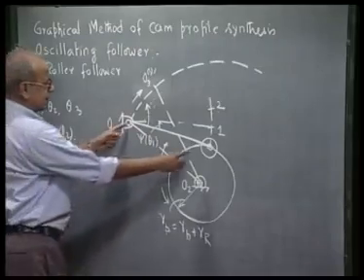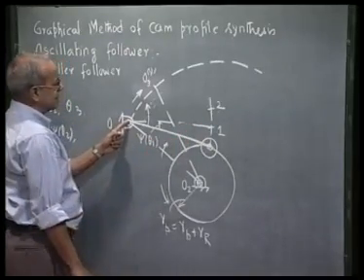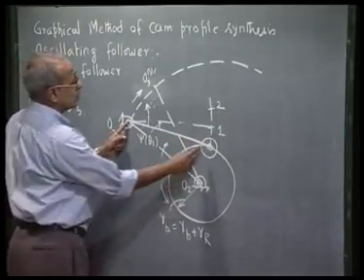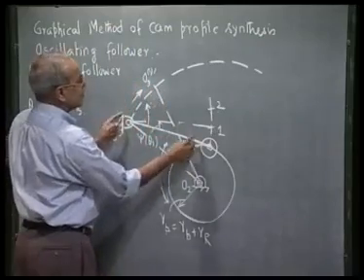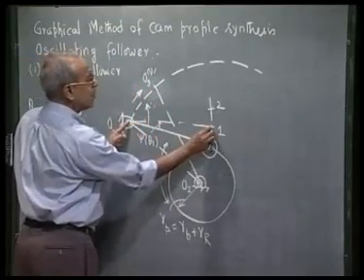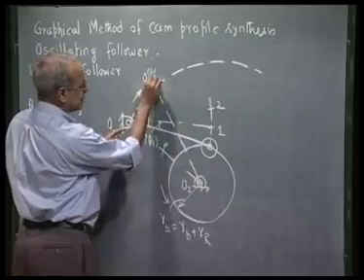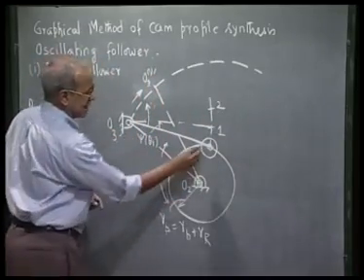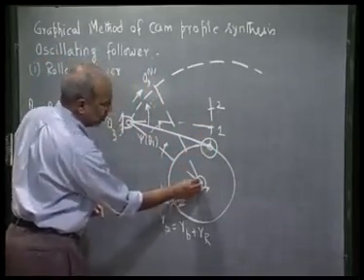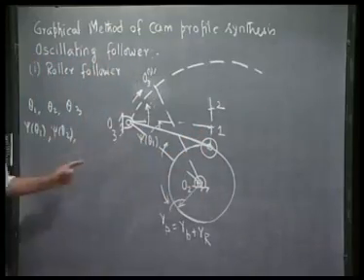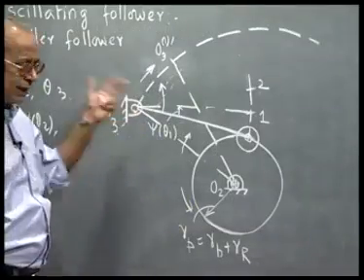Now, the distance of the trace point from this hinge does not change. So, the distance of O3 1 should be the same as O3 prime 1 prime, and the distance of 1 from O2 must be such that the desired follower movement is reproduced.